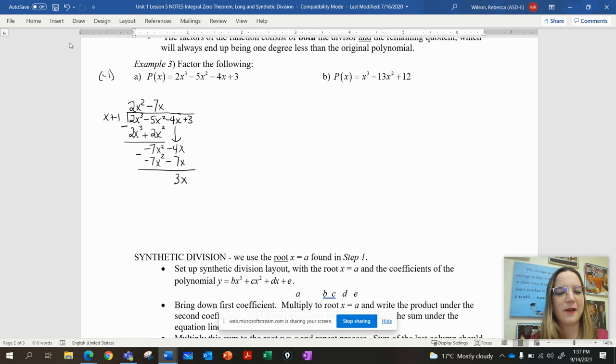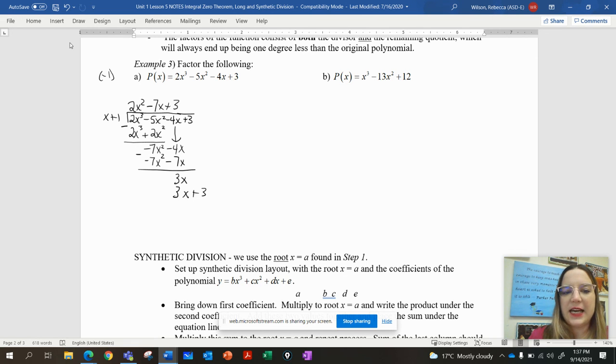Okay, so then we have 3x down here, and 3x is going to be the next factor that I want to make. Think of it as your remainder, and I'm going to divide it by that x out in front. So what's 3x divided by x? 3. So I'm going to write that plus 3 on top. Then again, I take that x plus 1 and multiply it by 3. So x times 3 is 3x, and 1 times 3 is 3.